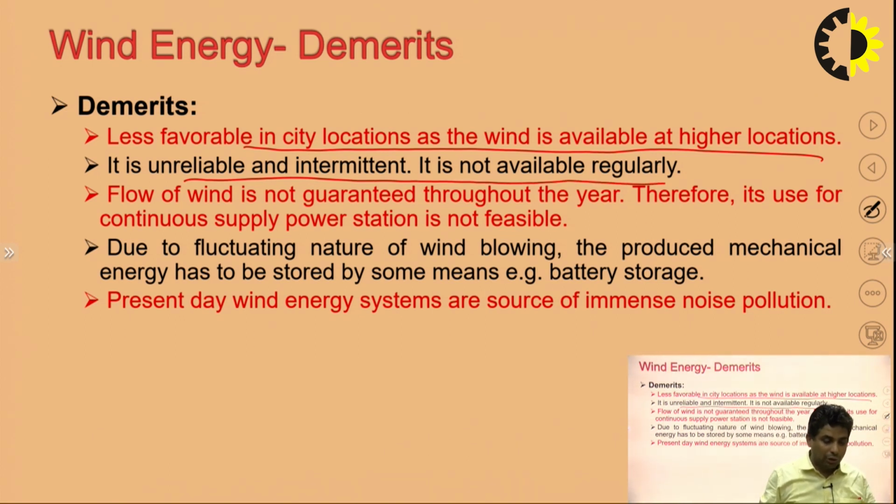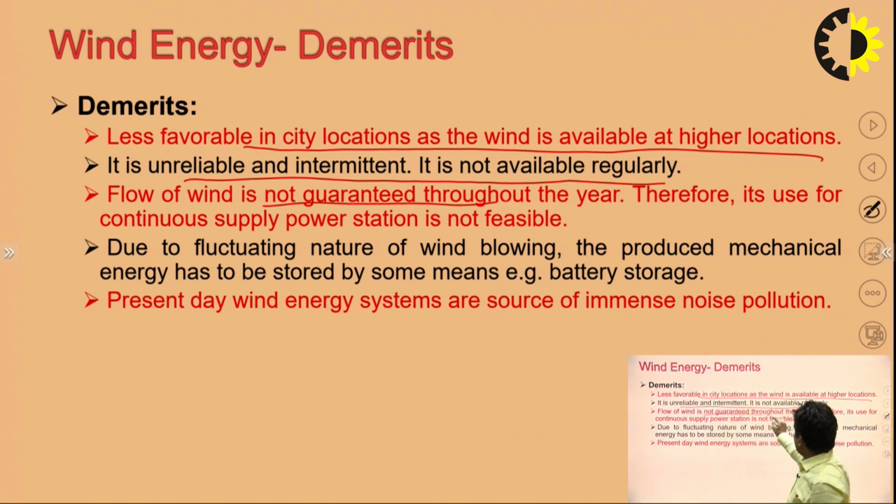Sometimes we require continuous availability of this energy, but sometimes the wind velocity is not as per the requirement, so energy generation is tough. So these are unreliable, we can't give continuous supply, and they have noise pollution also, so we can't establish them in city locations as well.